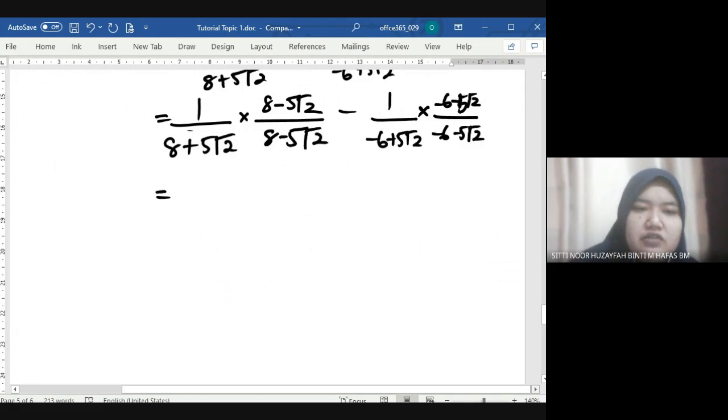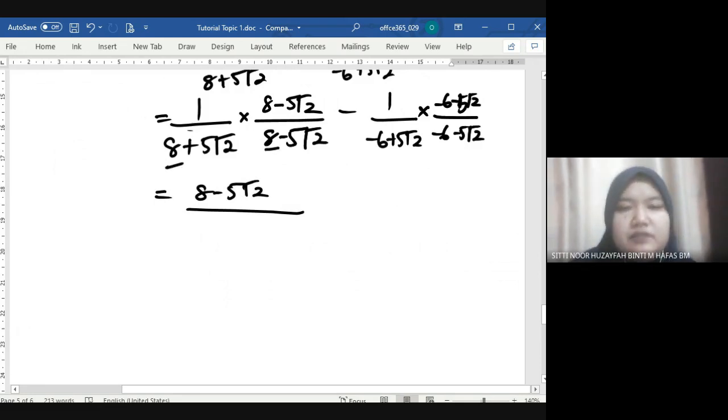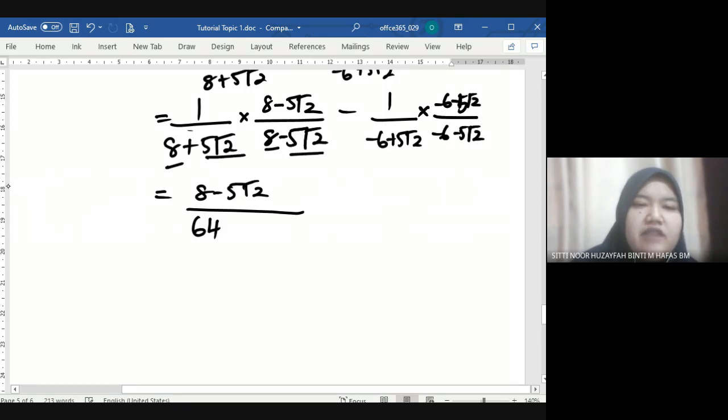So do the multiplication of the conjugate. At the top we will have 8 minus 5√2, divided by 8 multiplied by 8, which is 64, and just multiply 5√2 with 5√2. So we have 25 multiplied by 2, so we have minus 50.